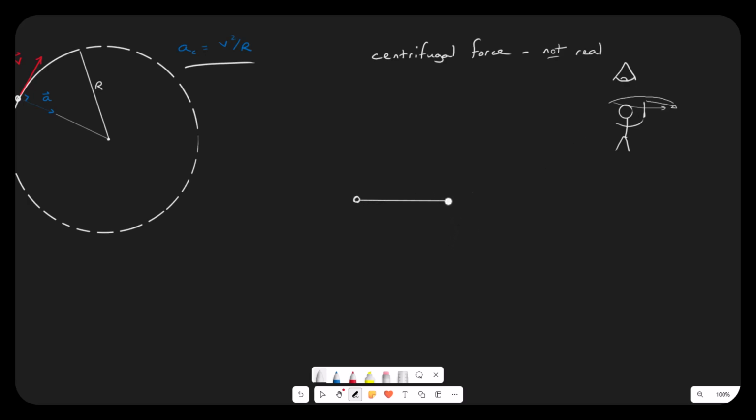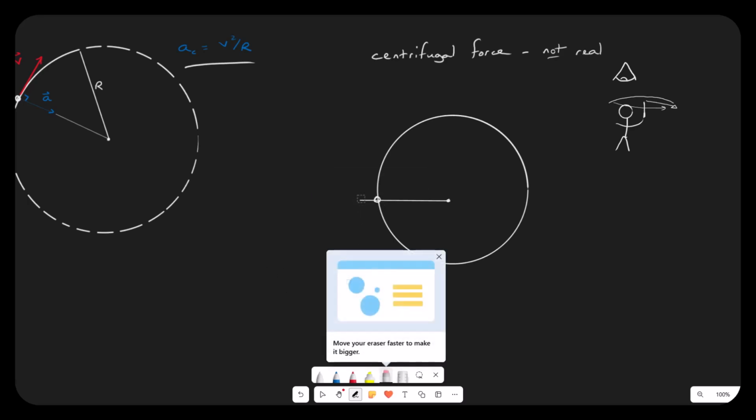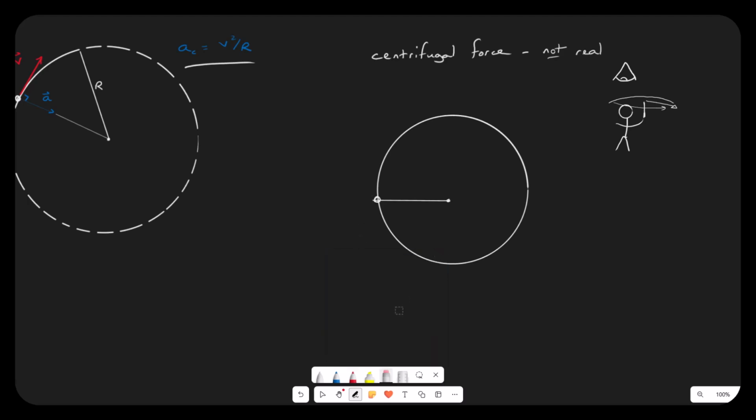Here's my mass on the end, and here's the center where I hold my hand, and this thing is going to move in a circle. That's fine. I have, acting on this mass, a tension force that points inward. This would just be a velocity.